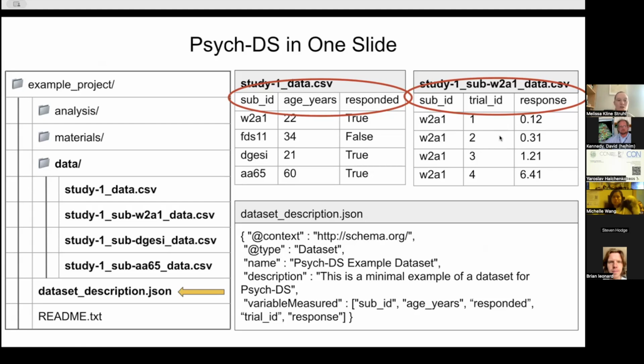Maybe it turns out that we need a summary data file that has a single row per participant. W2A1 has their file over here. FDS 11, AA 65 might have another data file down here where I'm learning the age in years and whether they responded to a follow-up questionnaire, for instance. Raj, does that answer your question, or am I completely off base?